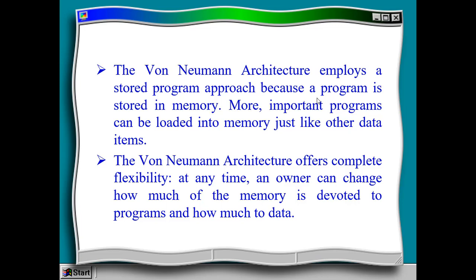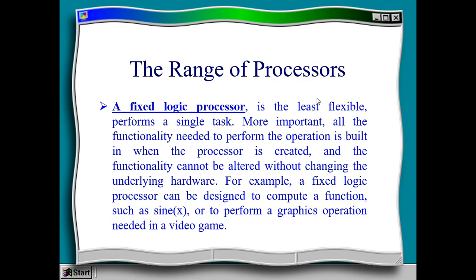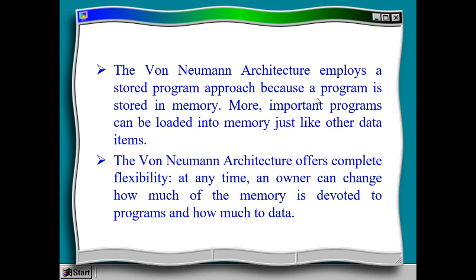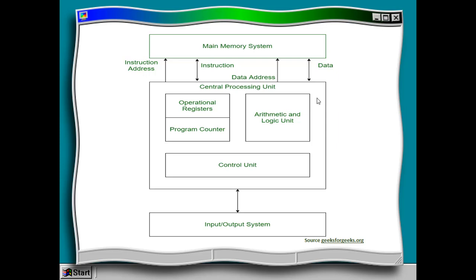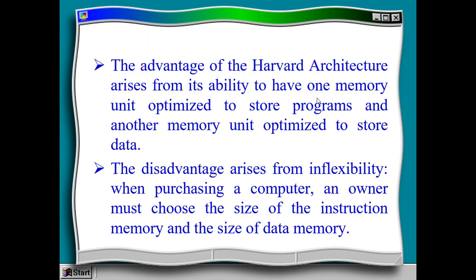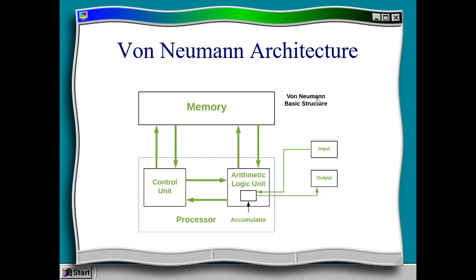The von Neumann architecture offers complete flexibility: at any time, an owner can change how much of the memory is devoted to a program. I think I've explained well, and in most cases you can look at the differences between the Harvard and the von Neumann.